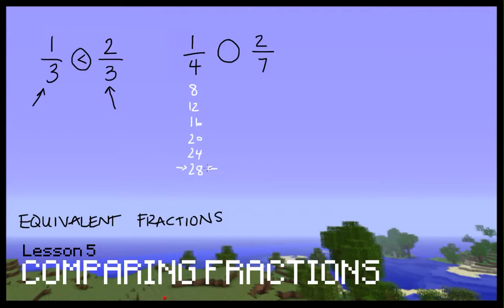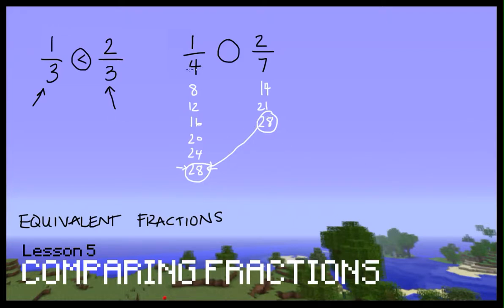Ding, ding, ding. If you know your facts, you know that when I hit that one, that should be a 4, 21, 28. I just hit the one that they have in common. Remember, we have to have common denominators, or basically multiples of 4 and 7 that they have in common. They both are factors of 28.